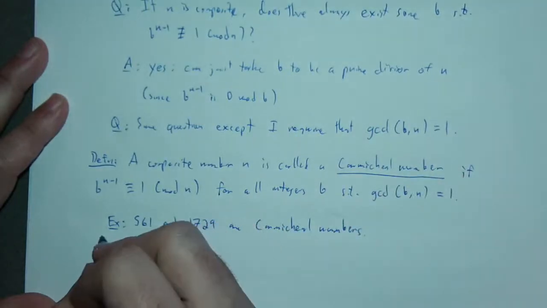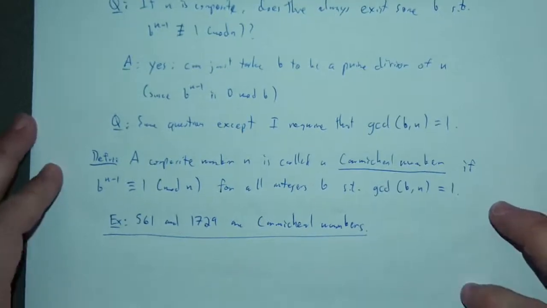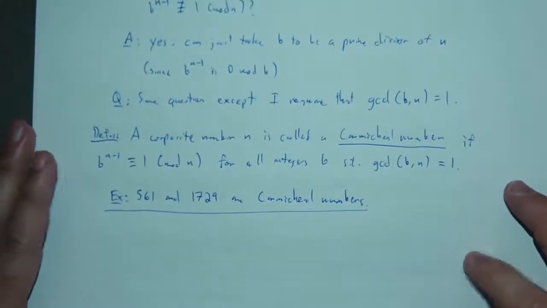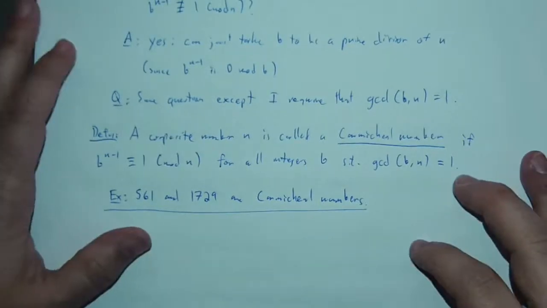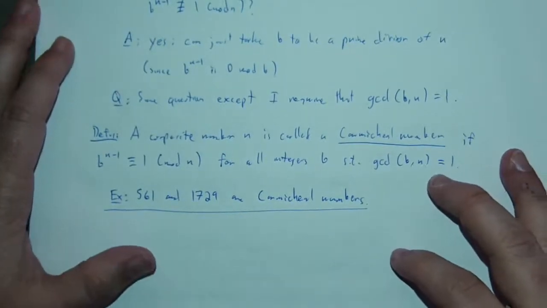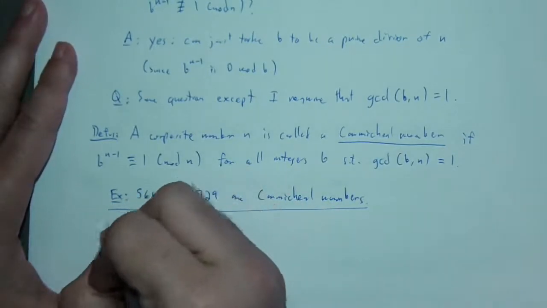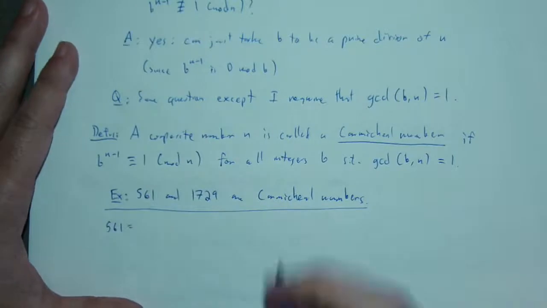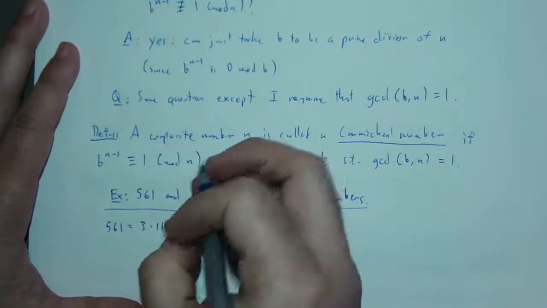Someone might recognize 1729 from somewhere, so if you do, let me know in the chat what the significance of 1729 is, or where you might have heard of it, or some property of it. So for 561, note that 561 is 3 times 11 times 17.